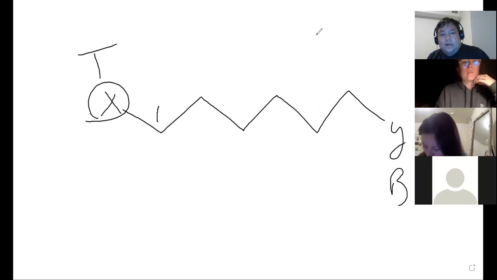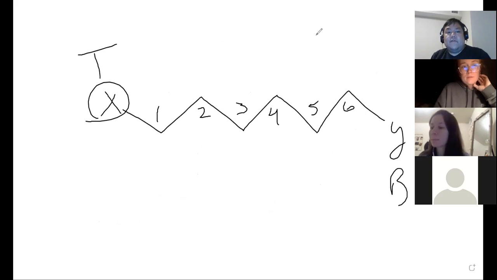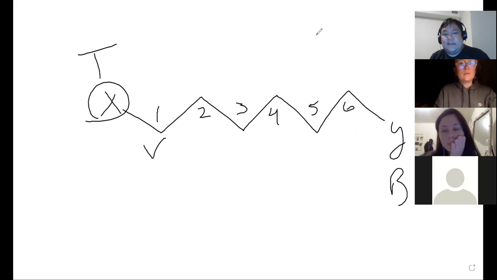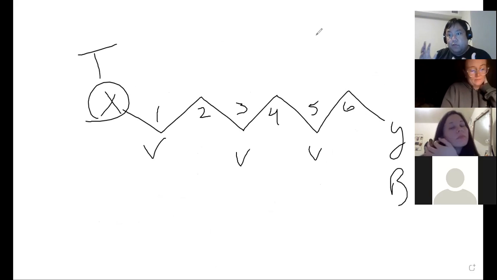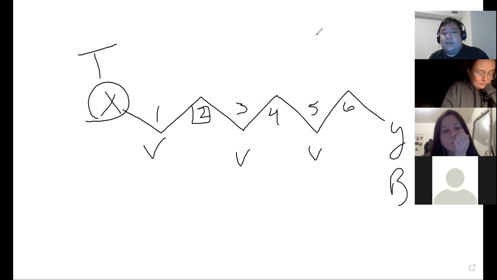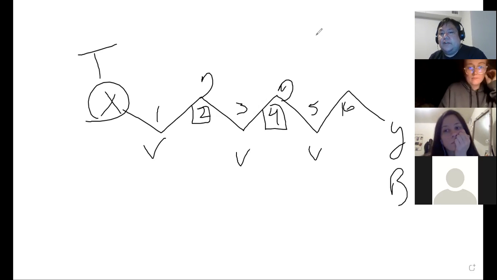Count your carbons. 1, 2, 3, 4, 5, 6. All of your odd ones will be the same. Your wedges and dashes are going to be the same, whatever they currently are. All of your even ones are going to flip. So all the wedges will become dashes, all the dashes will become wedges. That is the easiest way to do that.